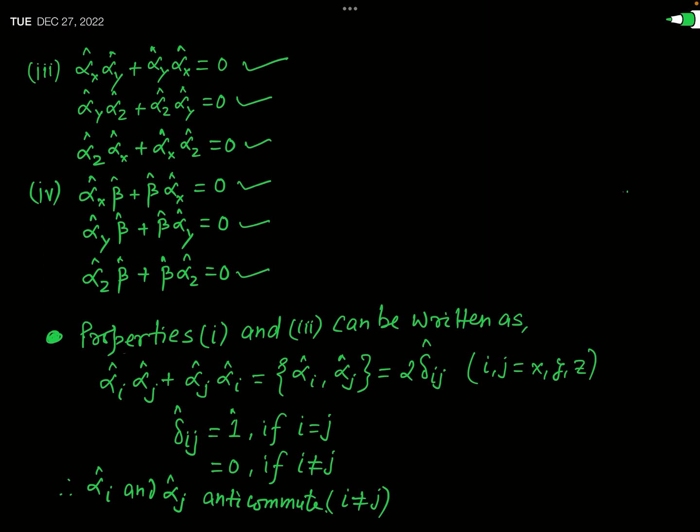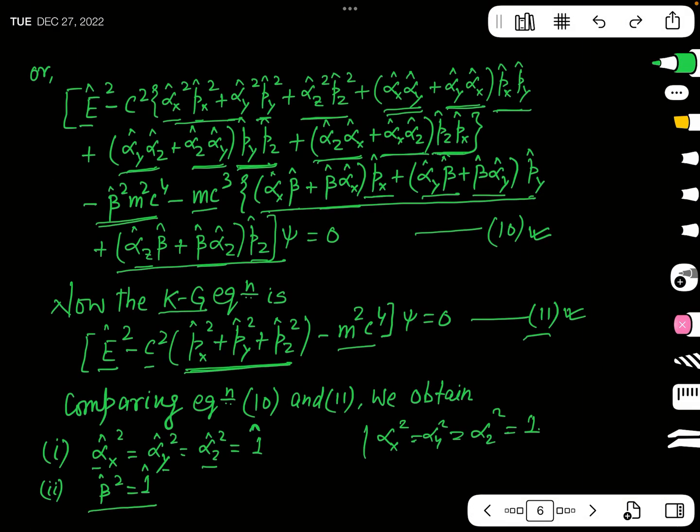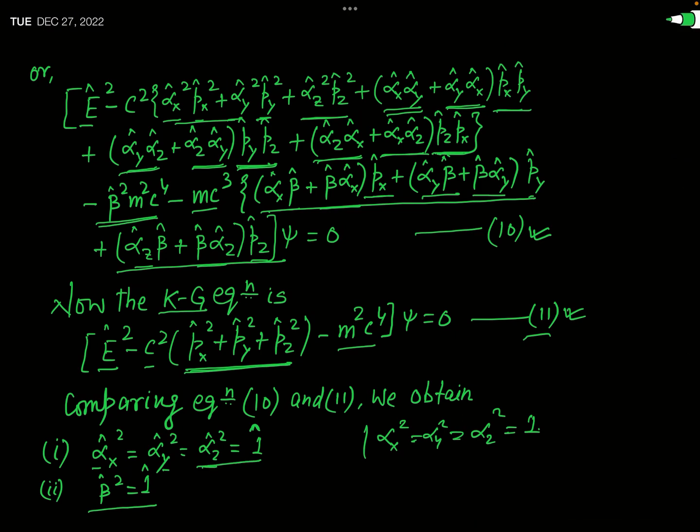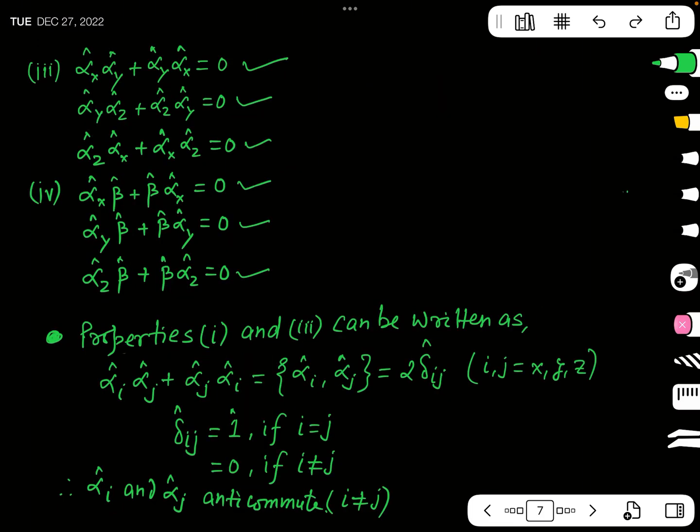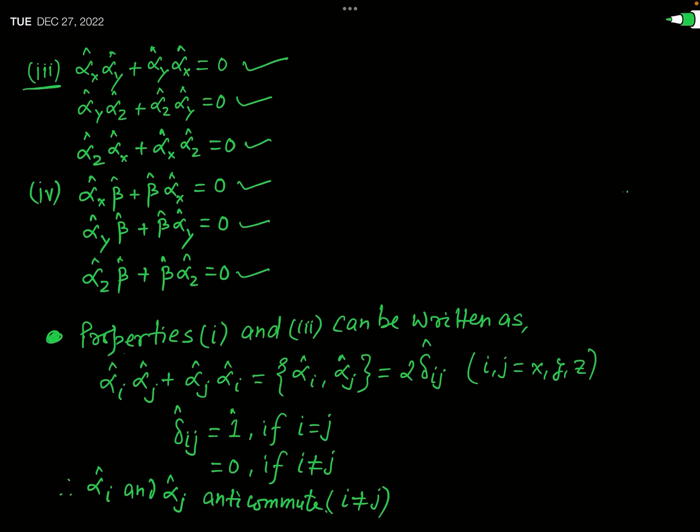Now, as I have told you, the property which I have mentioned in equation 1, where the square of the operators alpha x, alpha y and alpha z has been defined, these are actually unitary operators, its value is in fact 1, or you can say its eigenvalue is equal to 1. And these three equations which I have mentioned, this property number 3. Actually, the properties defined in equations 1 and 3 can be written in brief like this.